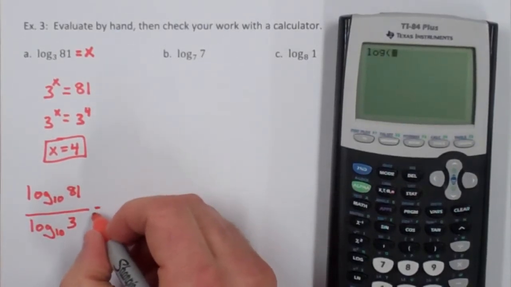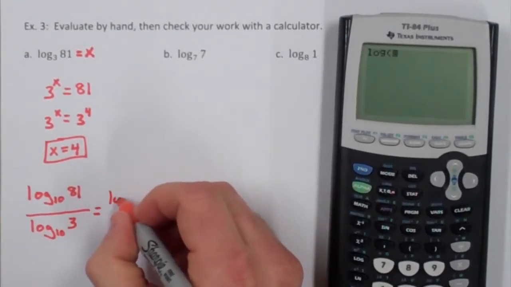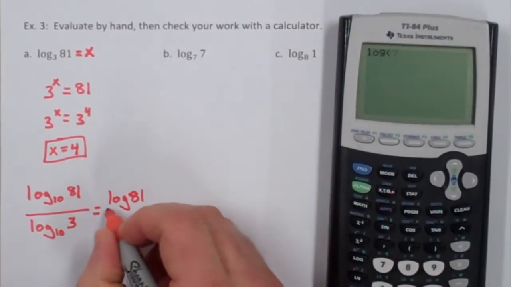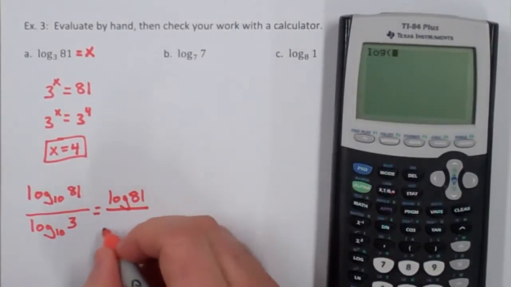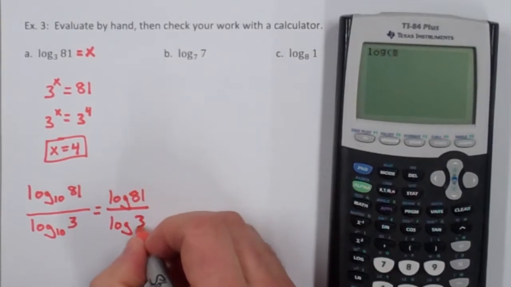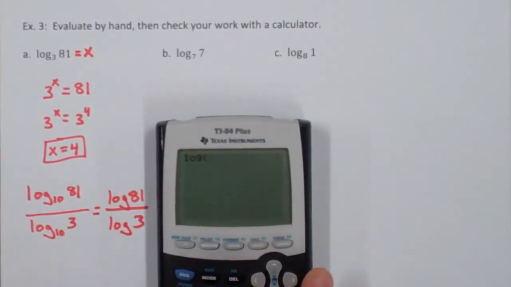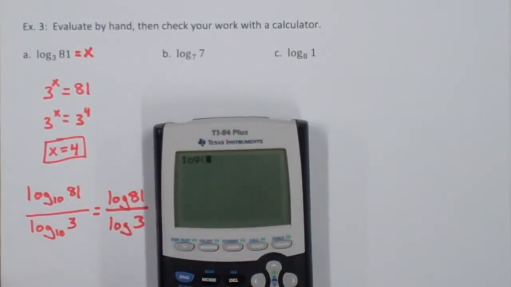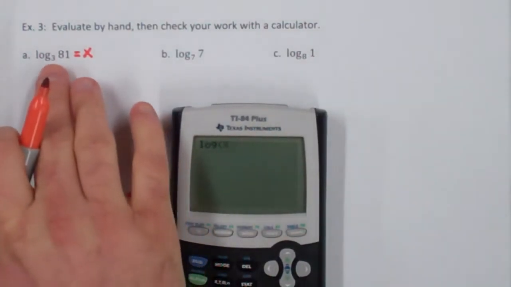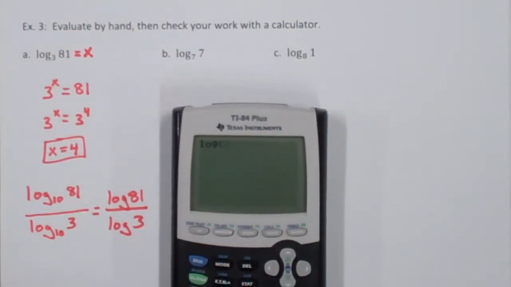So when you evaluate this, we know that a logarithm with base 10 is just a log, and this one is the same thing. So in your calculator, you can see that your calculator has a common logarithm button here, but we can still use that even though this isn't a common logarithm to evaluate that.